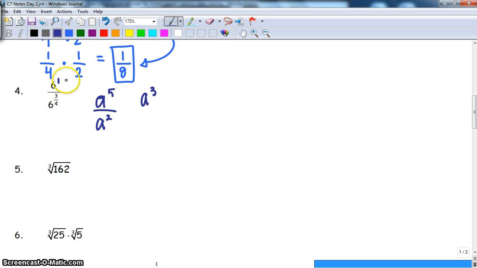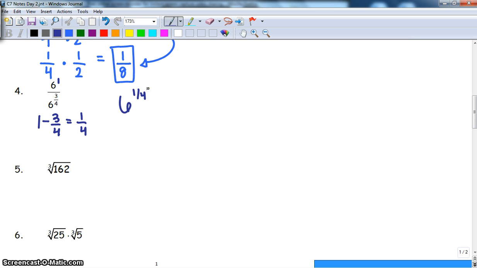Okay, only you have a fraction. The first 6 has an exponent of 1. The bottom has an exponent of 3/4. 1 is larger, so our answer will appear on the top. 1 minus 3/4 is 1/4. So that's 6 to the 1/4 on the top.